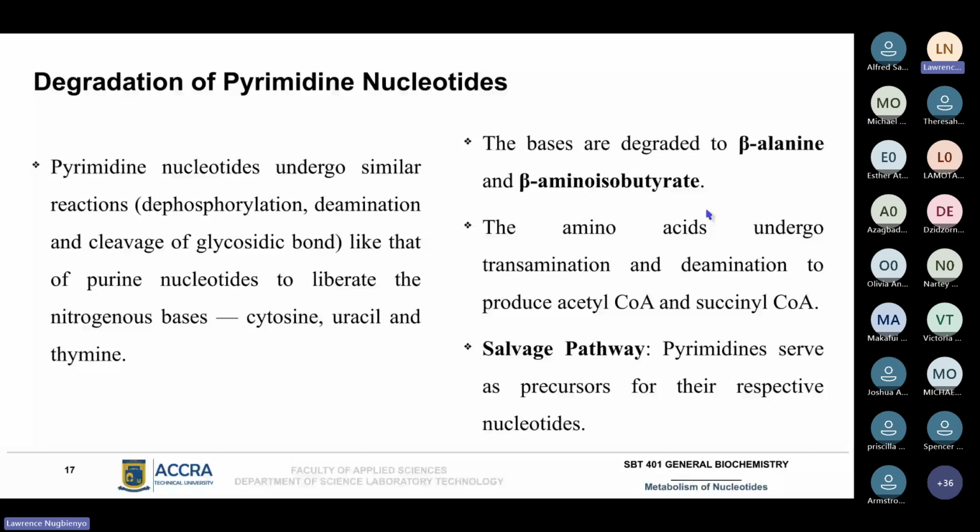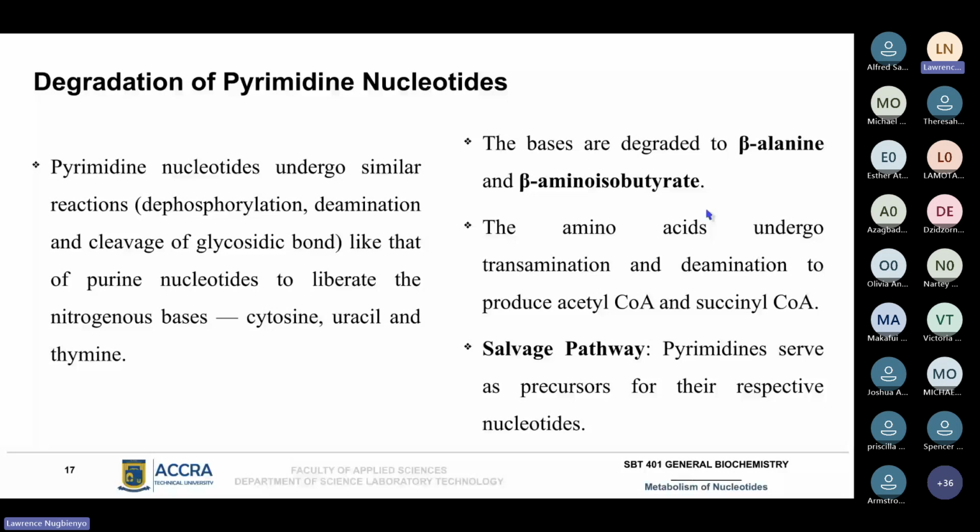So we are seeing the interconnectedness of these metabolic pathways. None of them is a standalone. In the end, you see these nitrogenous bases breaking down into amino acids. Remember, these rings were formed with the participation of amino acids.